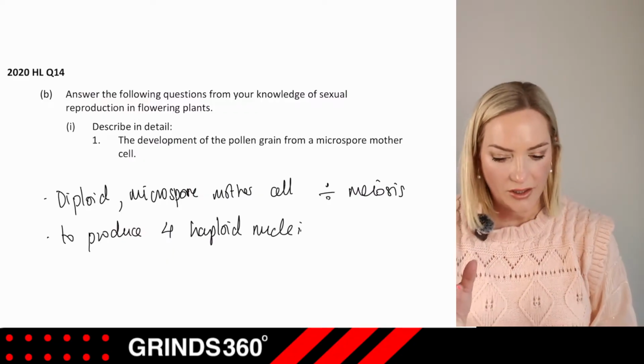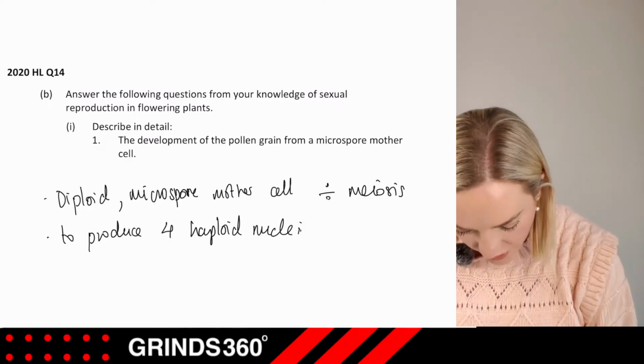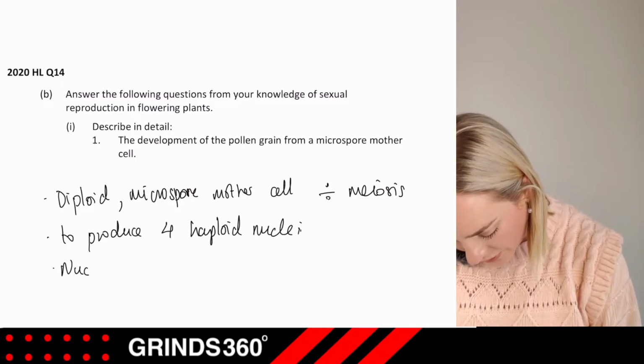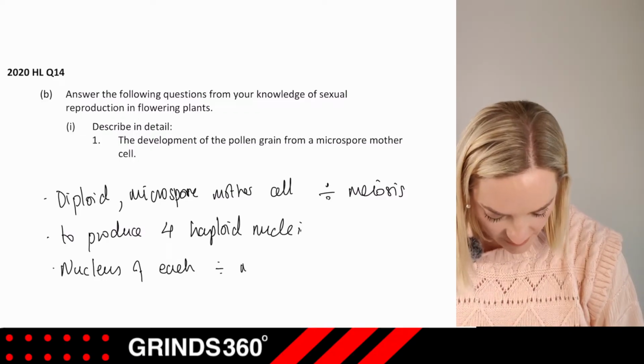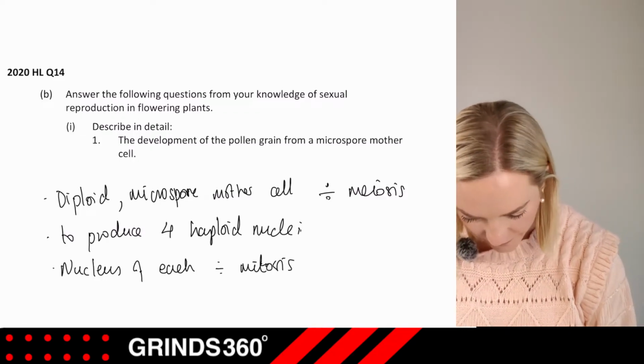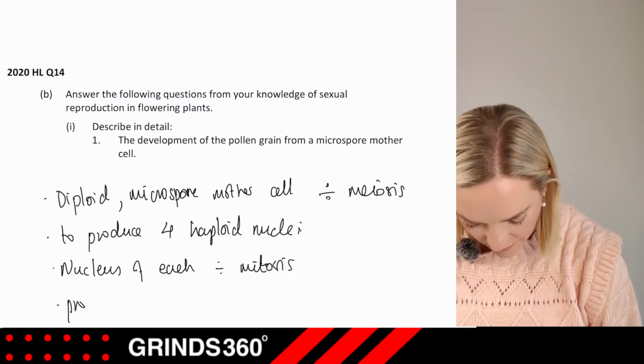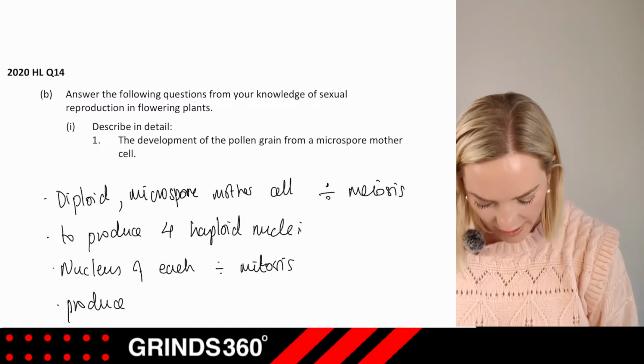Each one of those is a pollen grain. So the nucleus of each will divide by mitosis, and it will produce our pollen grains.